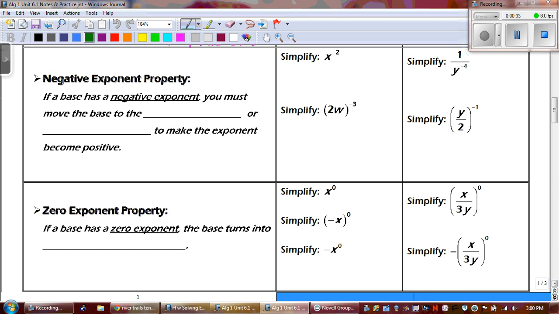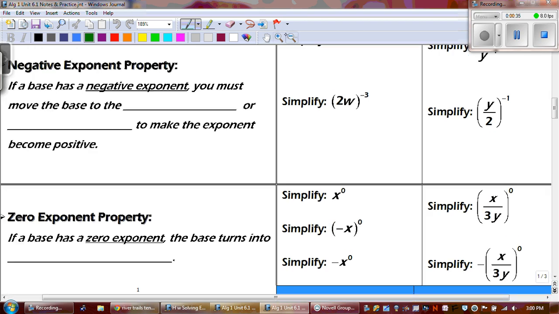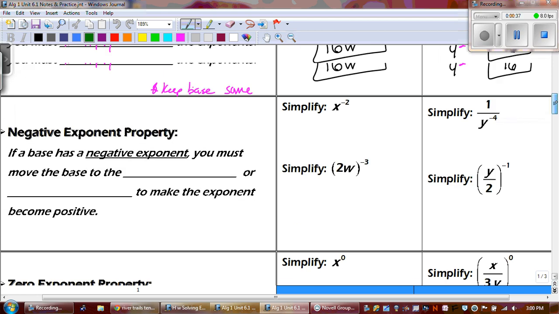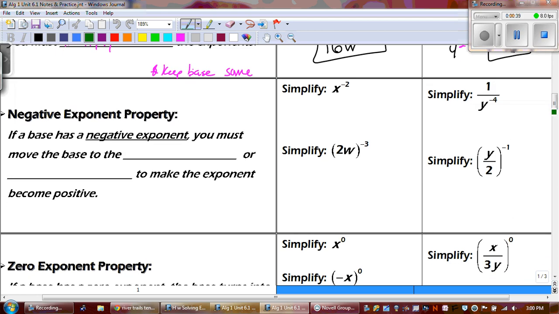So, we talked that if a base has a negative exponent, you drop it like it's hot, or you move it to the top. But the real words that we're going to start using right now is, when we're checking a negative exponent, you have to move it, okay?